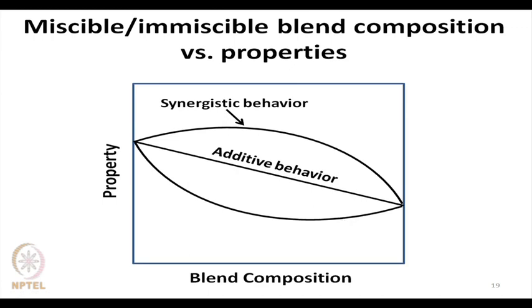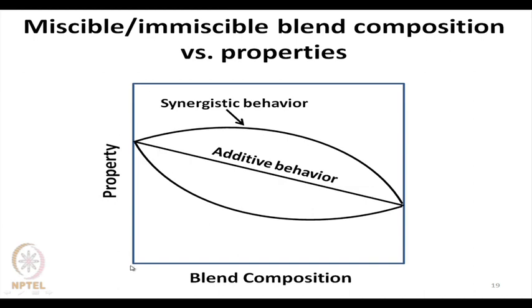Now, let us have a look into the effect of miscibility, immiscibility of blend composition on the properties of that polymer blend. Now, here this is the composition axis, this is the properties axis. Okay.